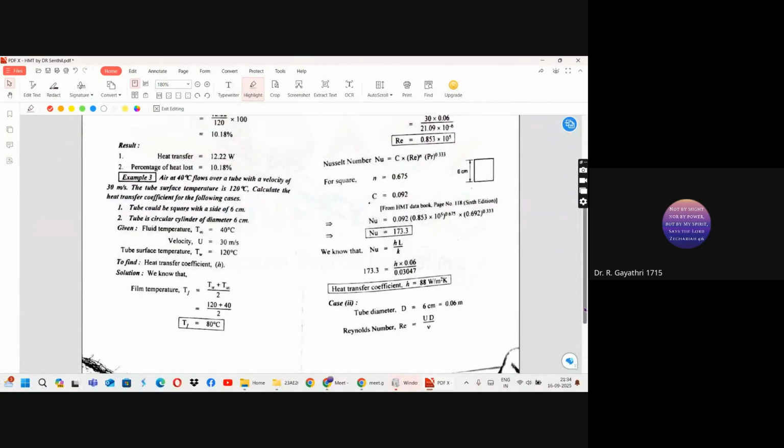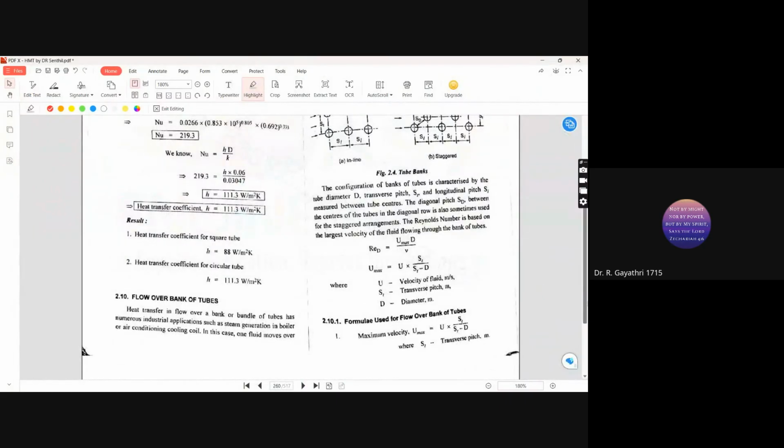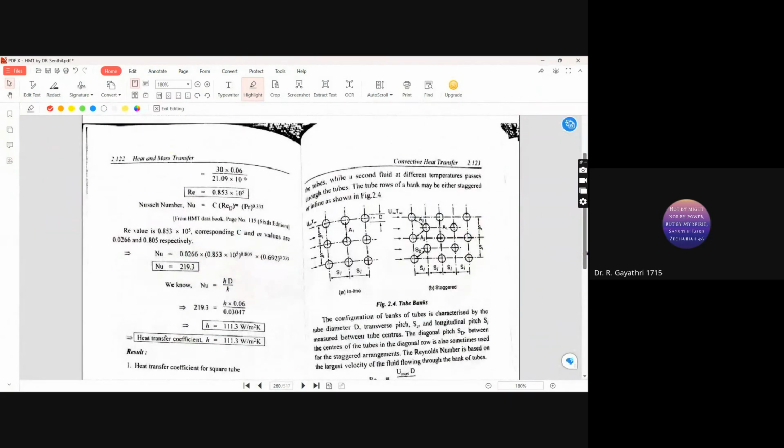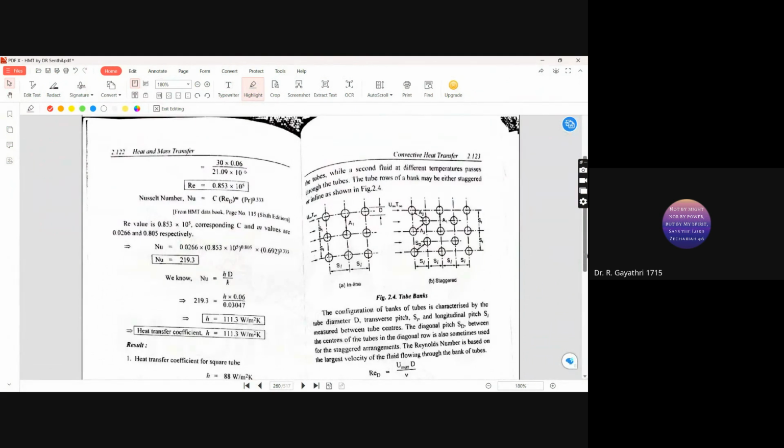Okay, next is the tube of diameter 6 centimeter. The diameter is 6 into 10 power minus 2 meter. The Reynolds number formula is Ud by nu. So the Reynolds number value is 0.853 into 10 power 5.